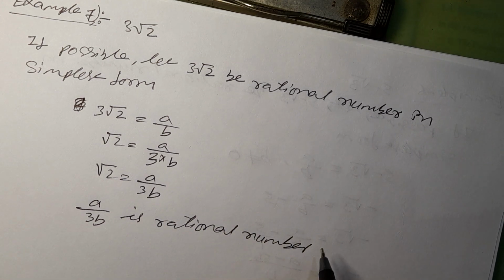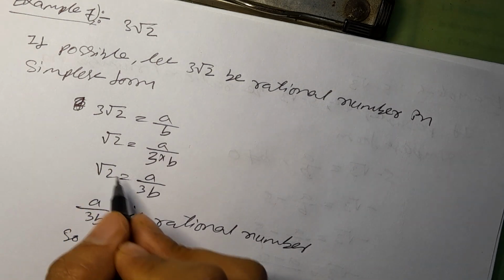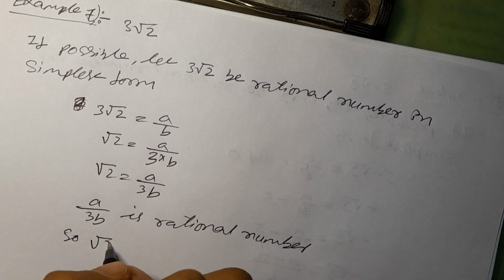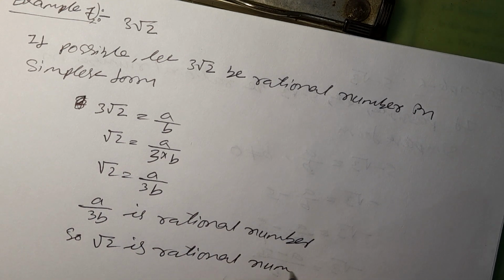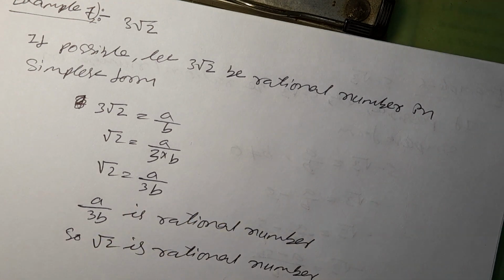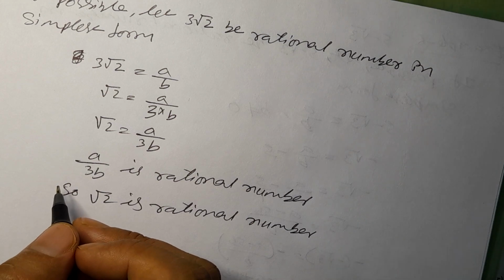If it is a rational number, so this is also a rational number, because this and this are equal, root 2 is rational. Is root 2 a rational number? Root 2 is not a rational number, it's an irrational number.